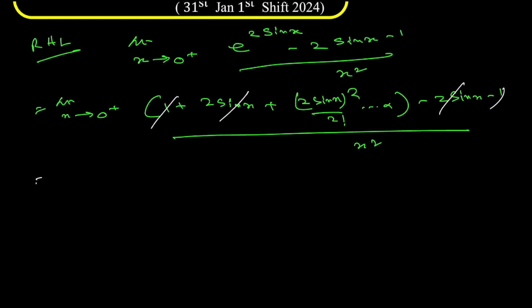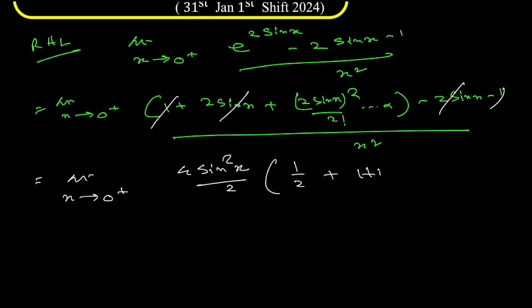It is coming to be limit x tends to 0 plus, if I take 4 sin square x by 2 factorial common, that is 1 by 2 factorial, plus higher order terms containing x, and the denominator is x square, because sin square x by x square is 1. So higher powers are all 0.